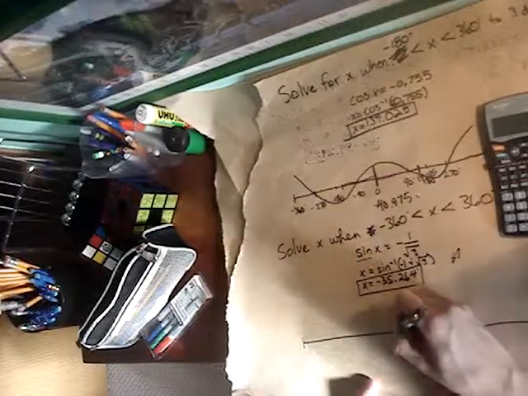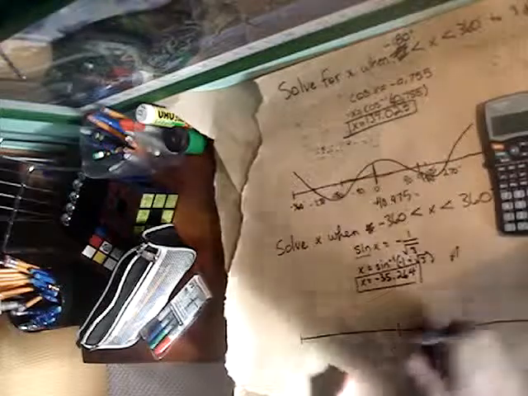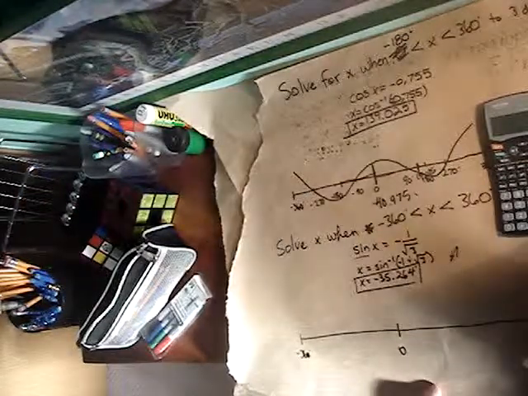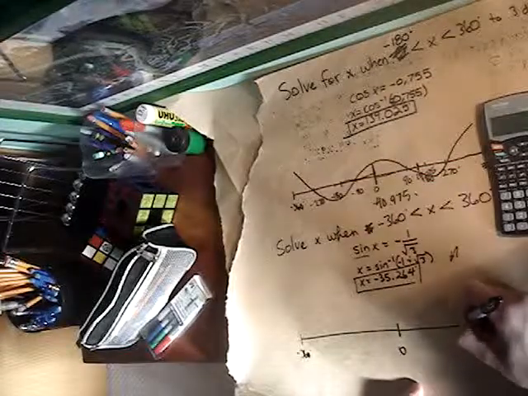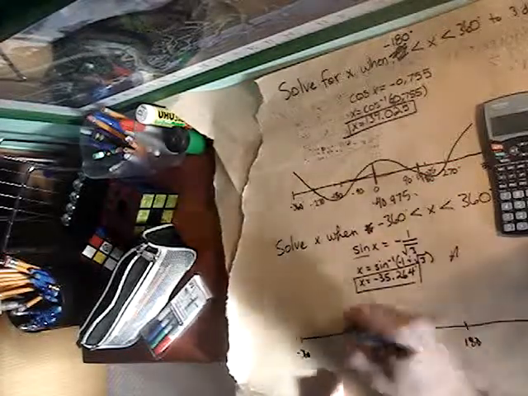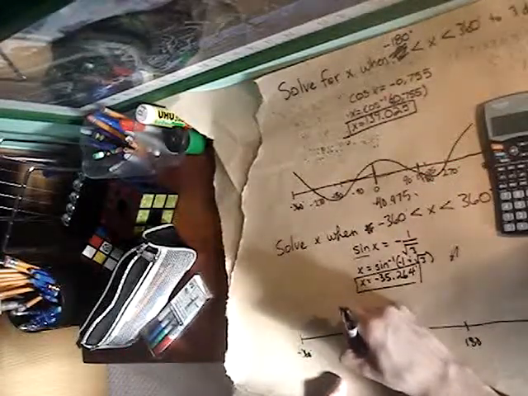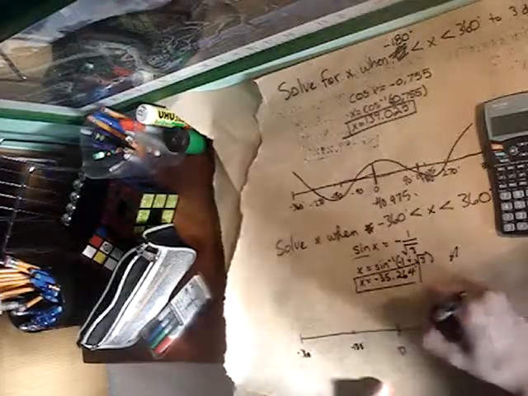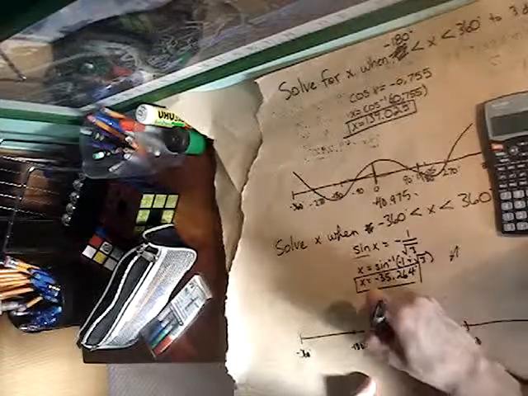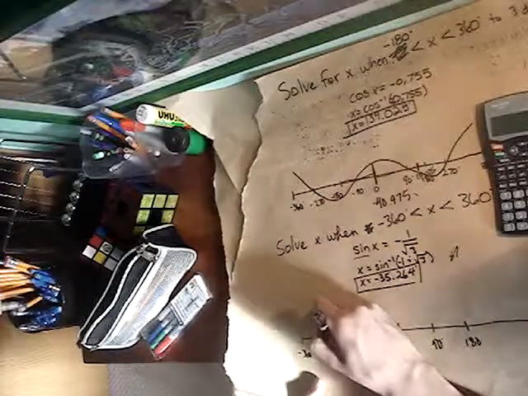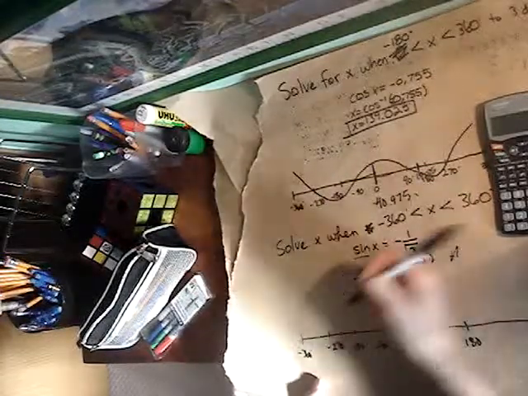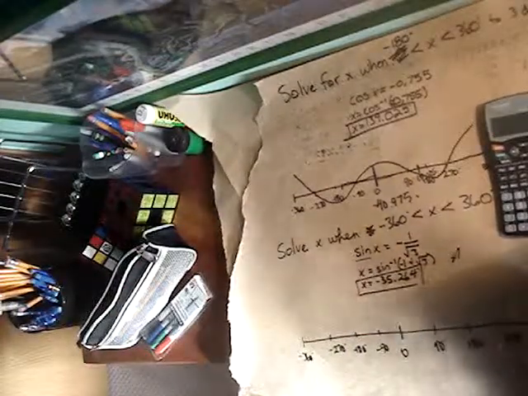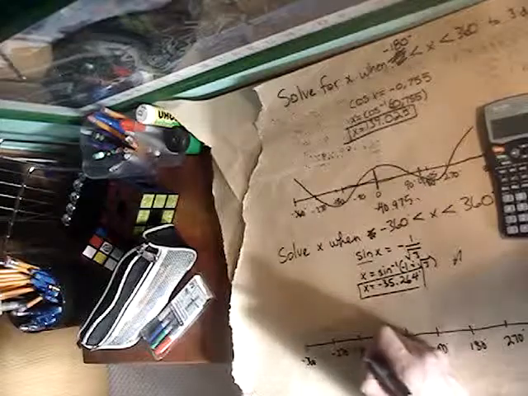Okay, so we start at 0, negative 360, 360, 180, negative 180, 90, negative 90, negative 270, and 270. Okay, degrees.